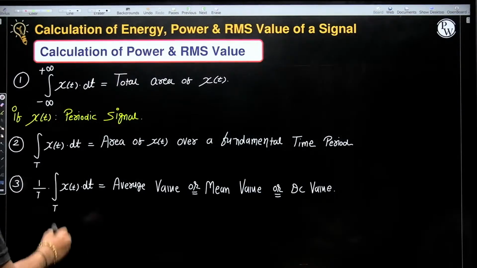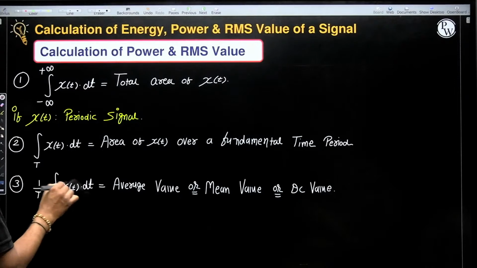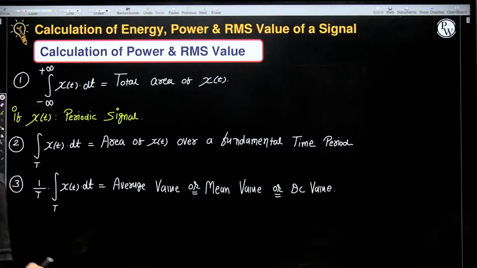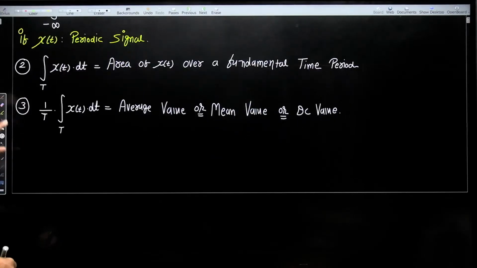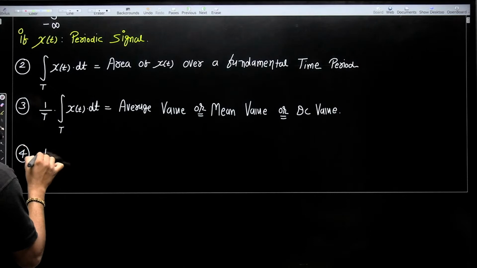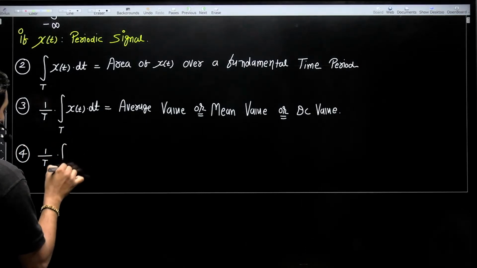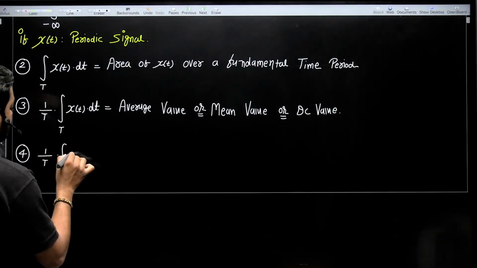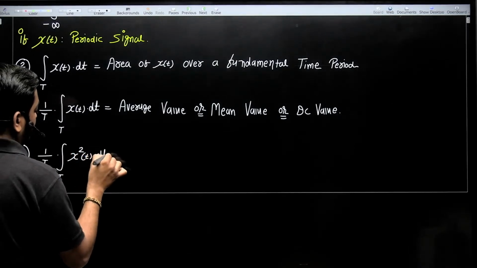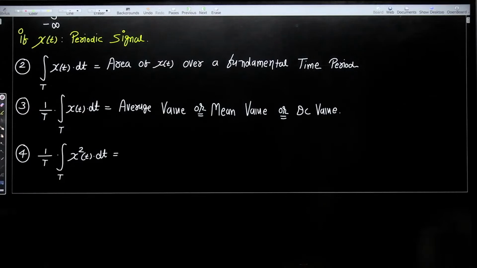Now the same integration but after squaring x of t is known as the mean square value or average power. Number 4: 1 by T integration over a fundamental time period of the square of x of t dt. Then this is known as what, guys?